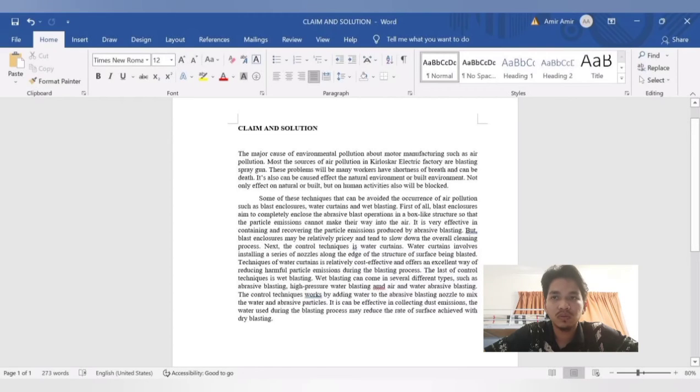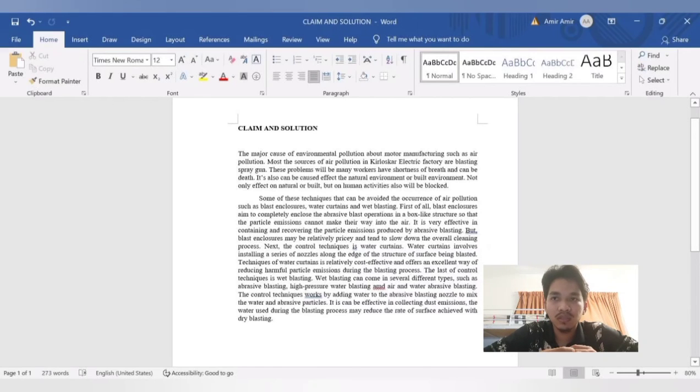Next, the control technique is water curtains. Water curtains involve installing a series of nozzles along the edge of the structure or surface being blasted.